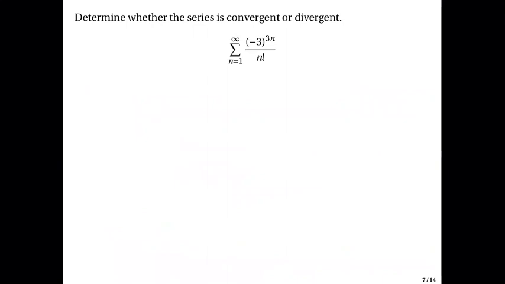Determine whether the series is convergent or divergent. If convergent, determine whether it is absolutely or conditionally. Now, if you have a series with terms involving factorials, use ratio test.